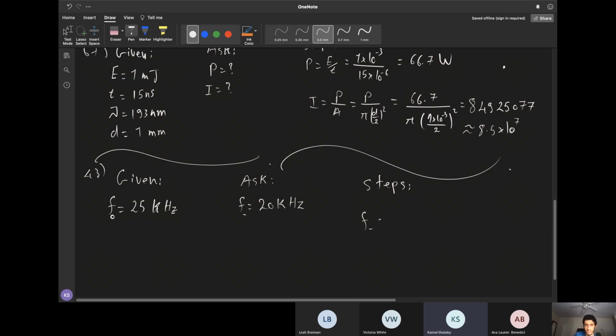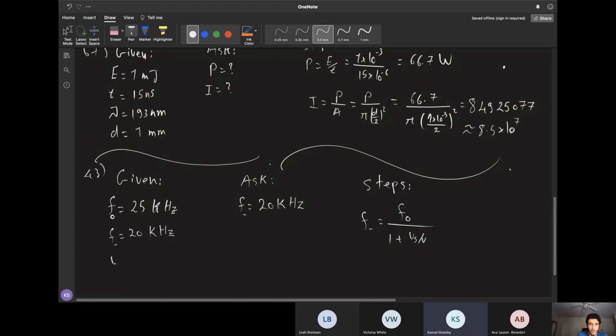So f minus is equal to f naught divided by 1 plus Vs over V. No, I'm sorry, this is f minus, and f minus is 20 kilohertz.